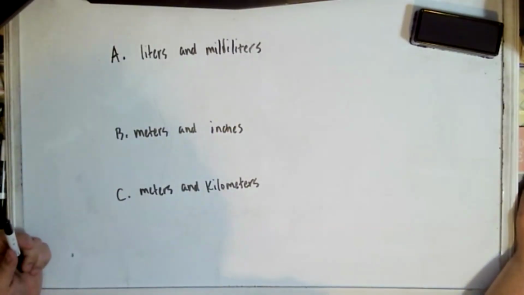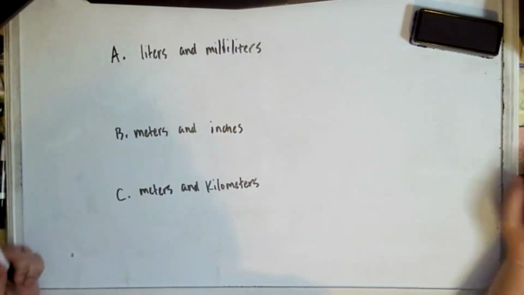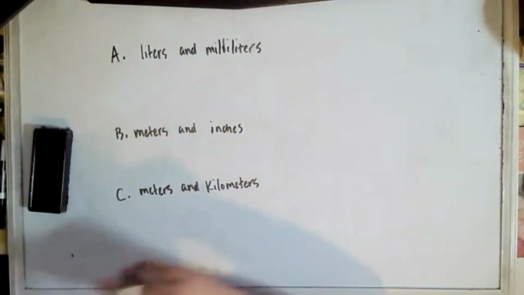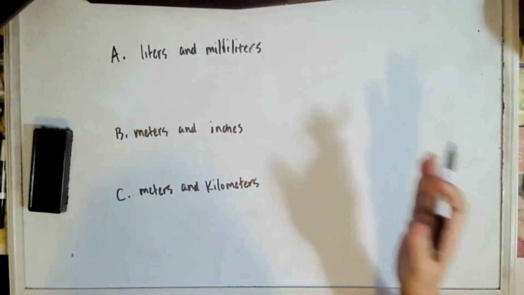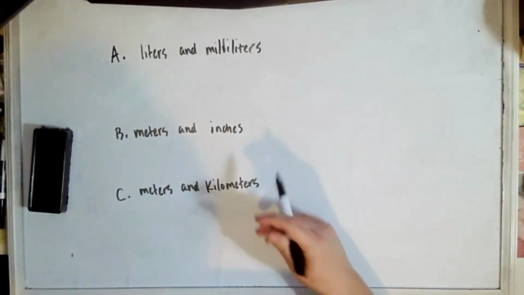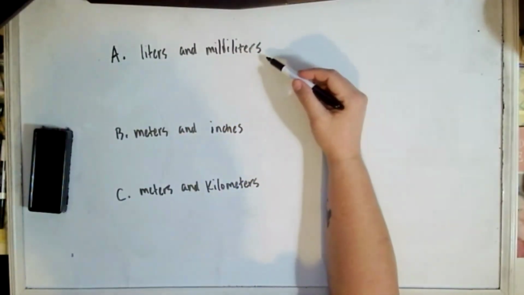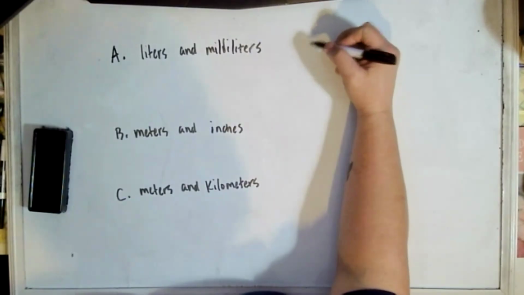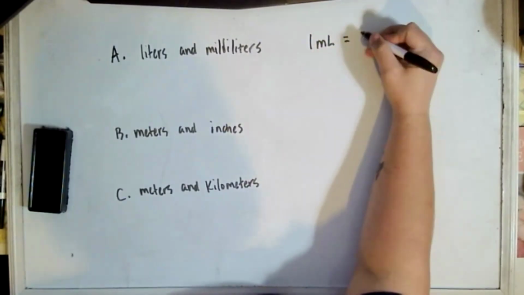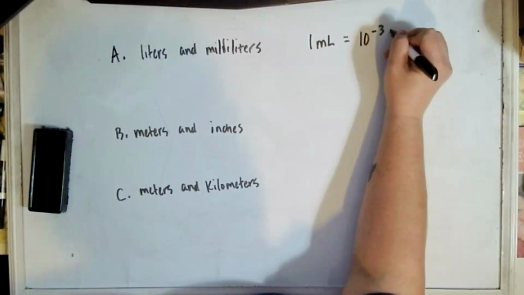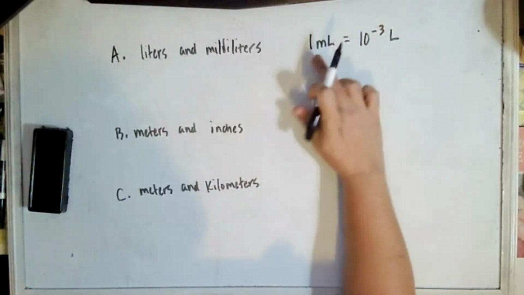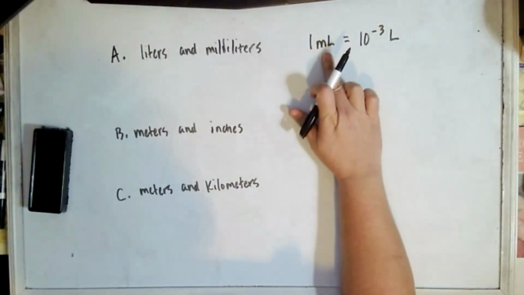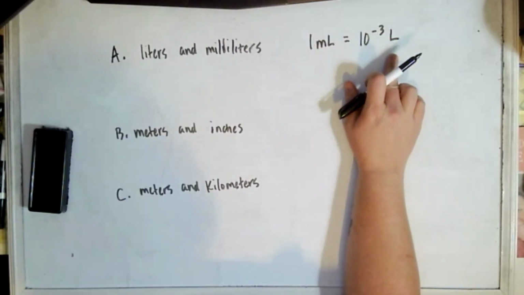I'm going to write out the equality first. And the equalities are going to come from that table that we have from class that has the common equalities listed. So between liters and milliliters, the equality that I would write down is that 1 milliliter equals 10 to the negative 3 liters. Because again, I'm going to put a 1 in front of my prefix, and my exponent is going to go with my base unit.